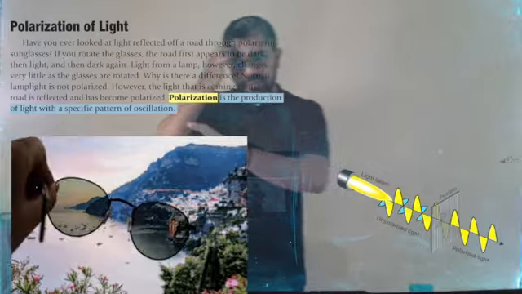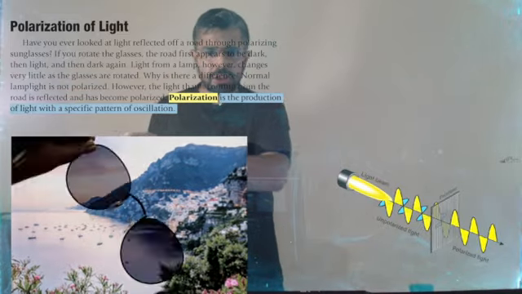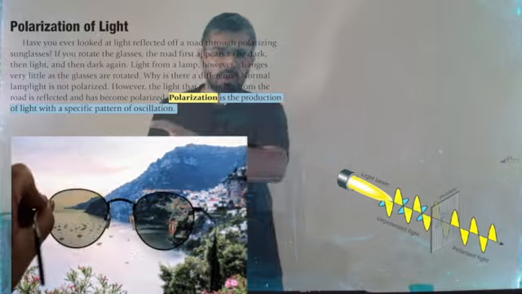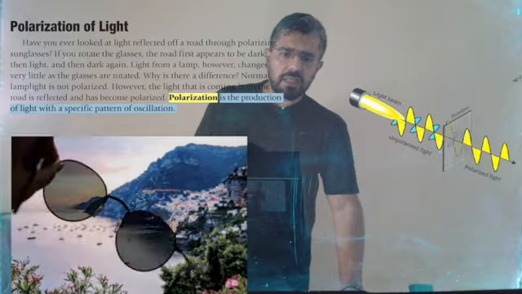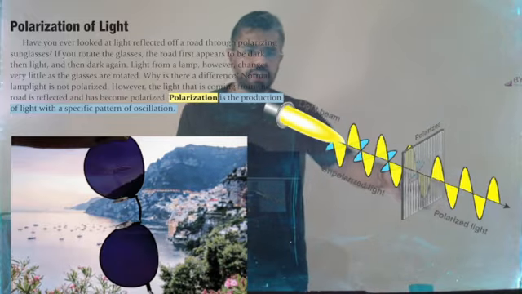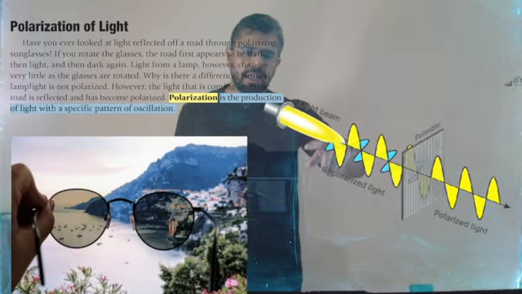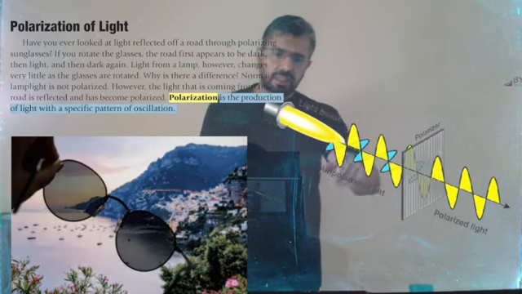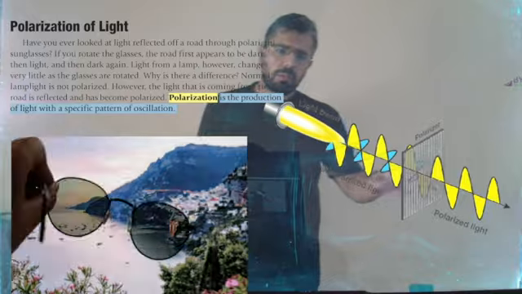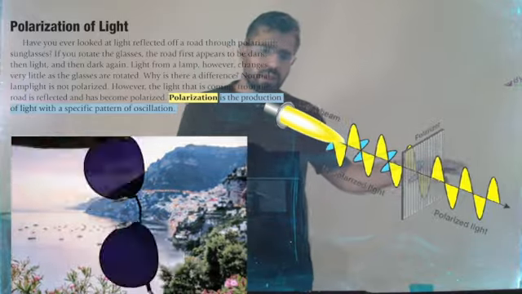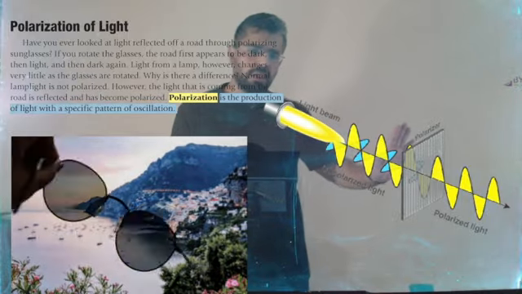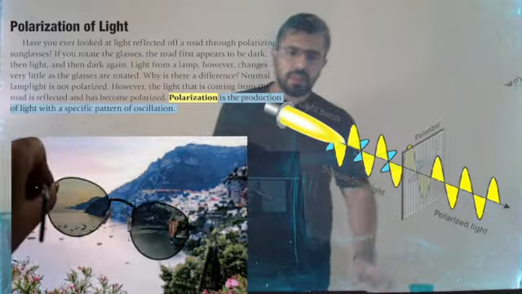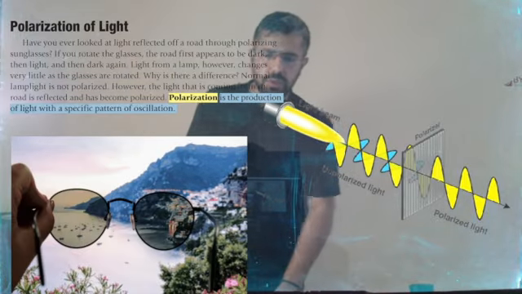By definition, polarization is the production of light with a specific pattern of oscillation. It means that when the light is polarized, it oscillates only in one direction, as we see here, up and down. At the beginning it was up and down, right and left, in the blue. The moment it passes through the lens, it's called polarized light, and it's only in one direction, up and down. Okay, we continue.